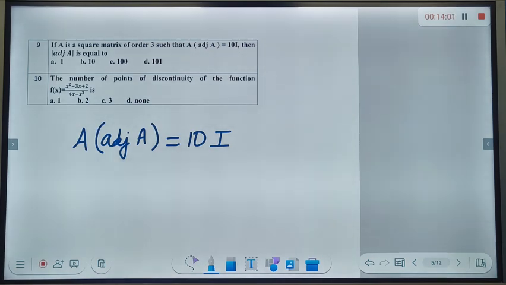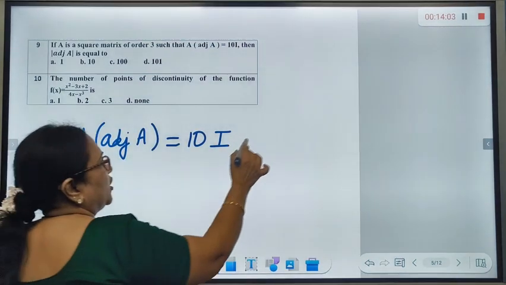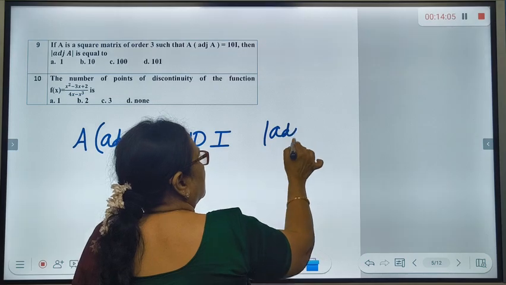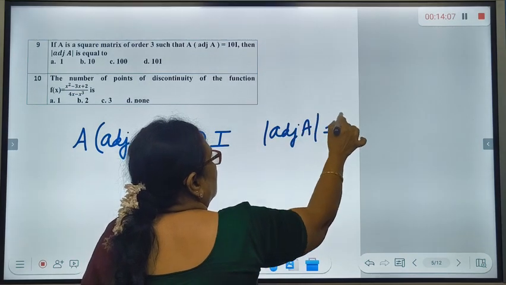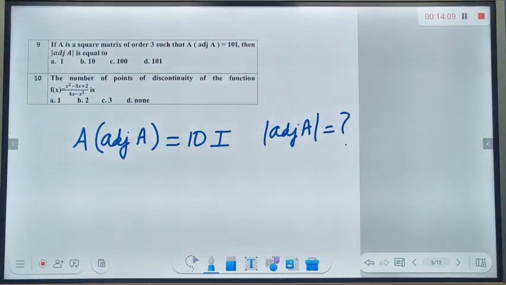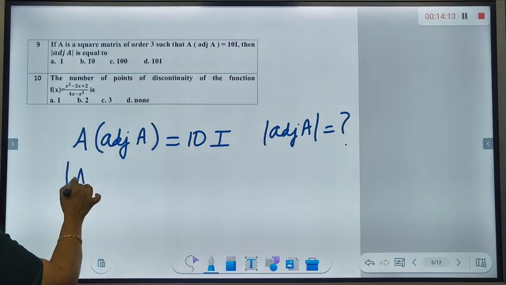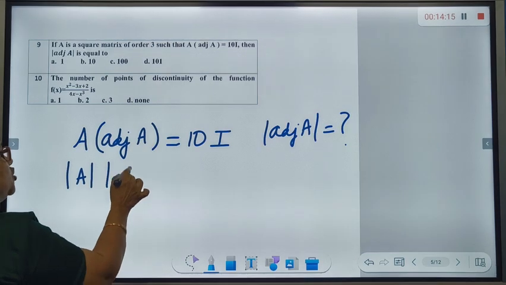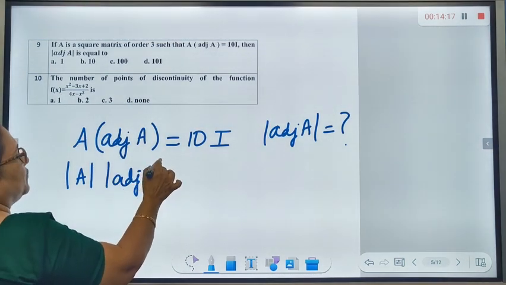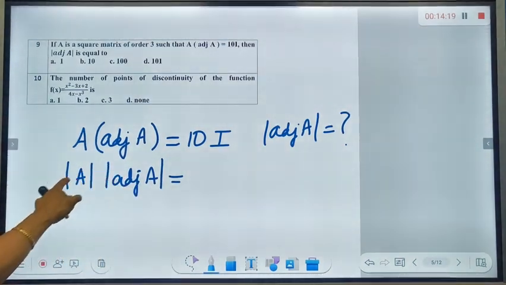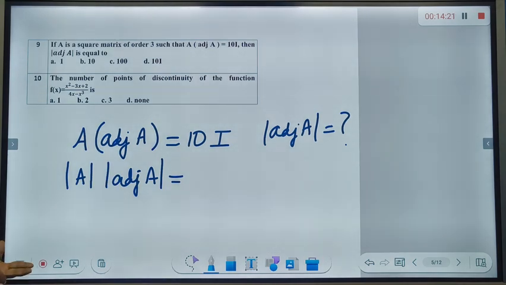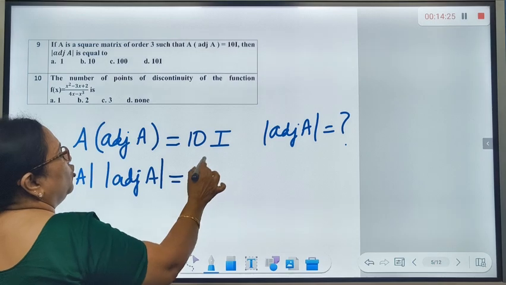Then you have to find the value of determinant of adjoint of A. Okay. Now let us take determinant. So determinant of A into determinant of adjoint of A will be, see, this is 10I, the matrix 10I. When I convert it into determinant, I will get 10 cube into 1.